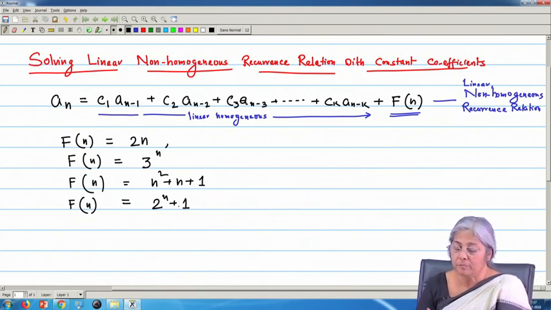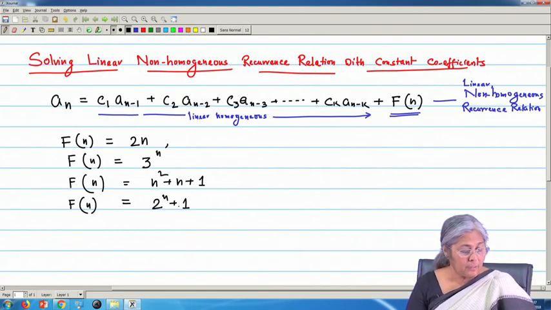So, this type of function can be there. So, how we can solve this?